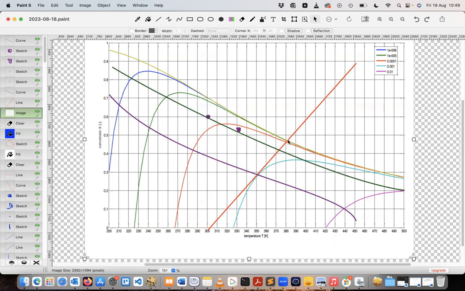Beyond this point, you can say that, well, here I'm sacrificing my reactor productivity for a higher conversion. So at least I'm getting a higher conversion up here. That means my separation costs later will likely be lower. So that's the kind of logic we have to think about there. But yeah, this would be the optimal point. Okay. Any questions or comments there so far?